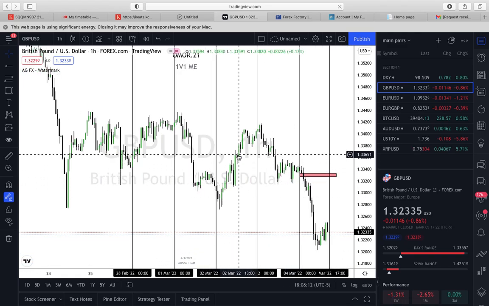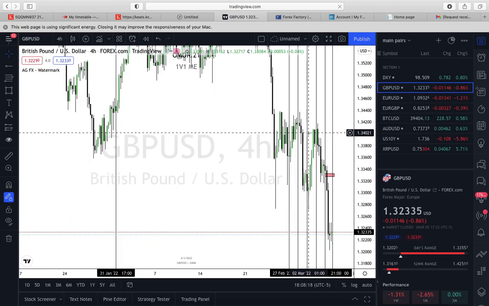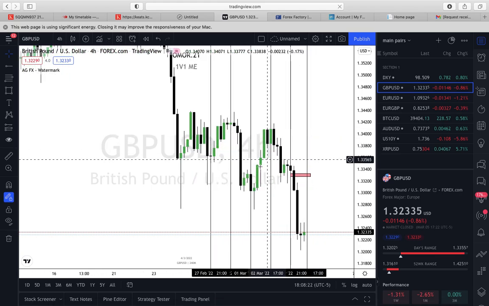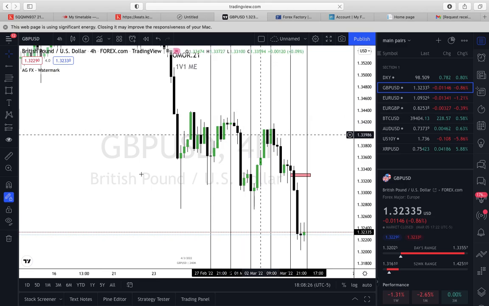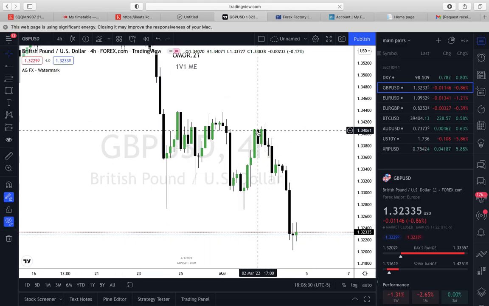Wednesday drives up higher to do what? It comes up to rebalance this area, and you see how it doesn't take out this high. You see how it doesn't take out this high, and look at these candles.